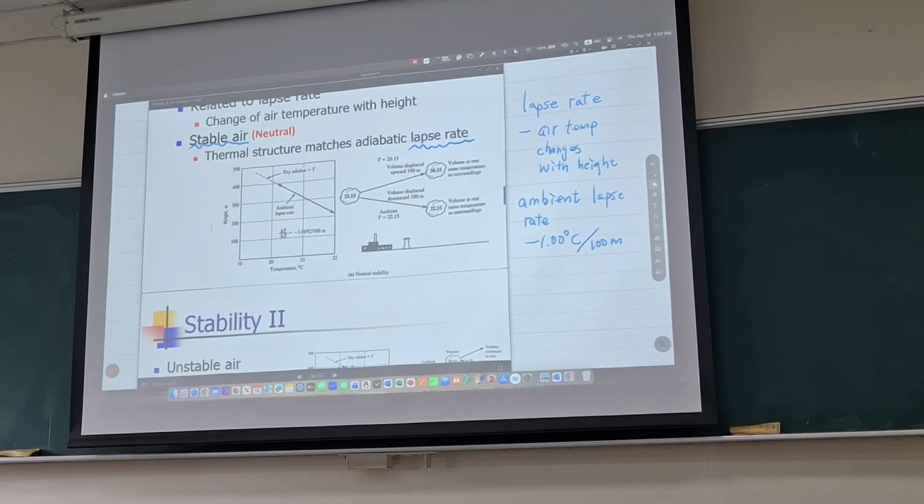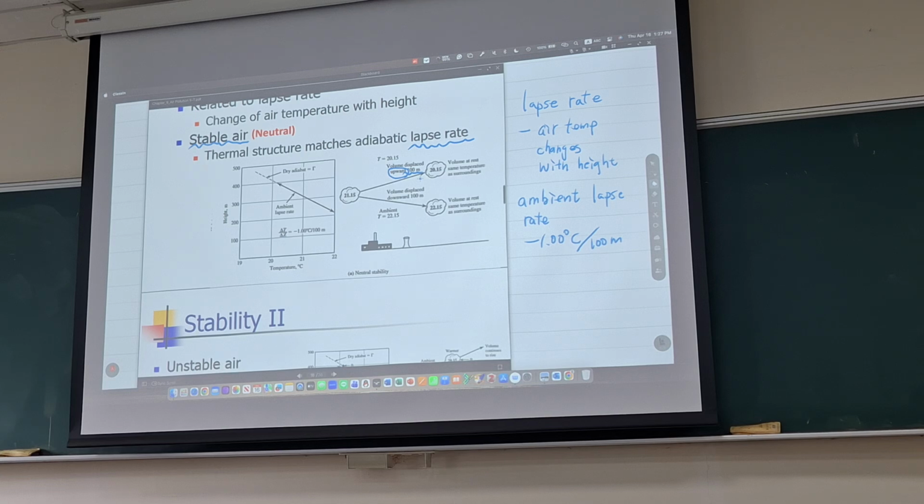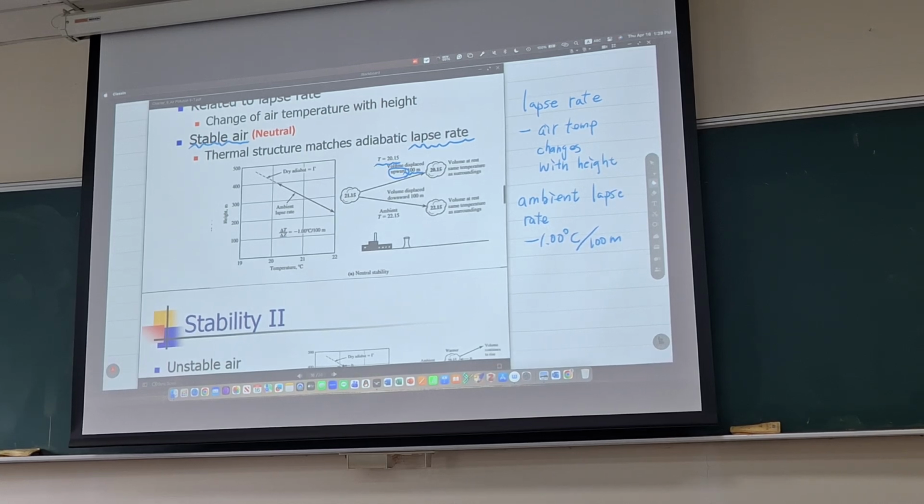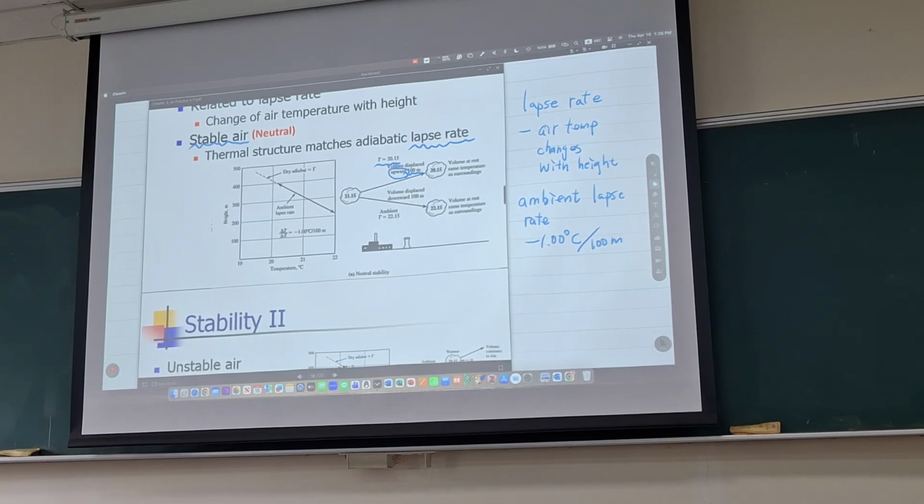Okay? So you can see that. So upwards 100 meters, the temperature becomes 20.15 from 21.15. And downwards 100 meters, okay, the temperature becomes 22.15.